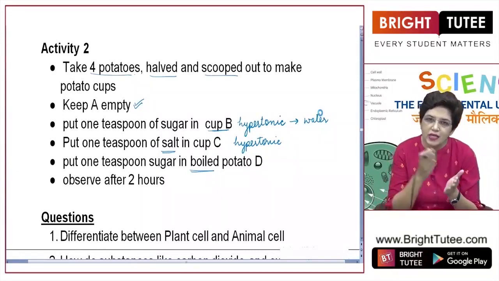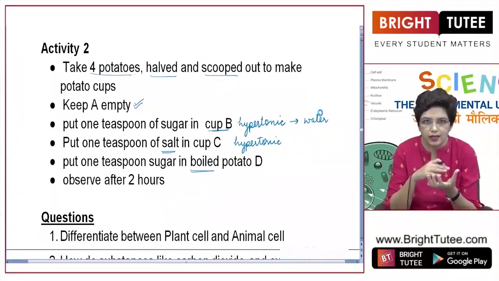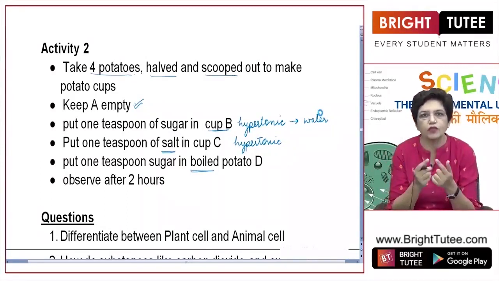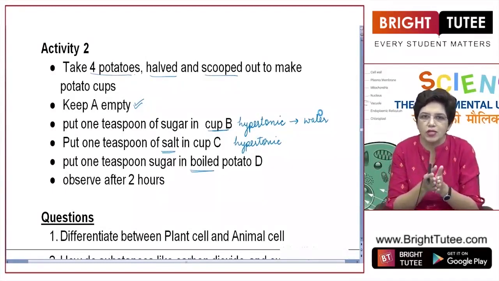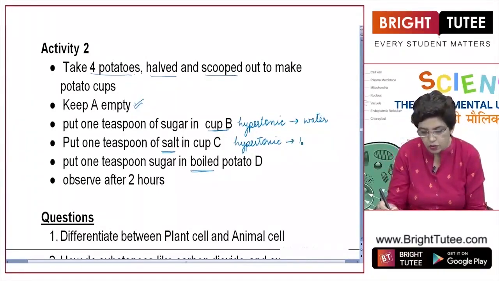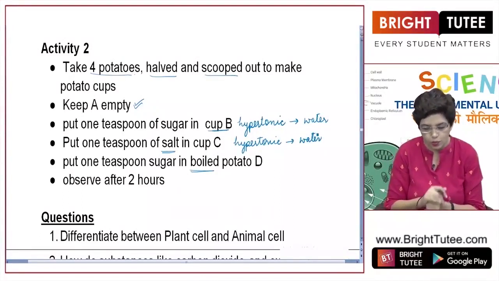Because of exoosmosis. Since water concentration was less in the cup because we put sugar, the water will move out from the cells at the boundary of the cup and the cup will be filled up with water. In cup C also, the potato cup will be filled up with water because of exoosmosis.